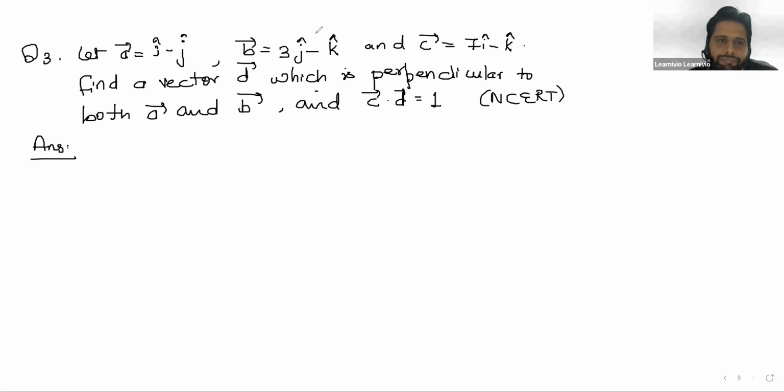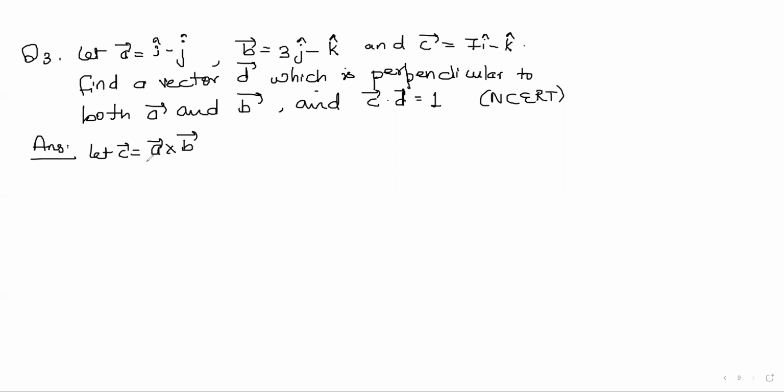Everyone, please check here. A, B, and C are given. You need to find a vector which is perpendicular to both A and B. If you find A cross B, and I say let vector C be equal to A cross B, then this vector C is perpendicular to both A and B. Is it clear, Atif?